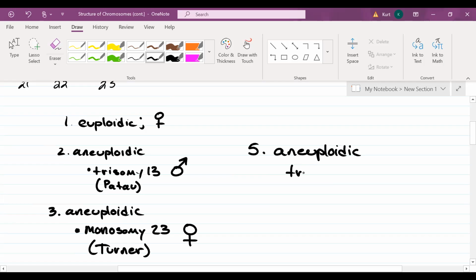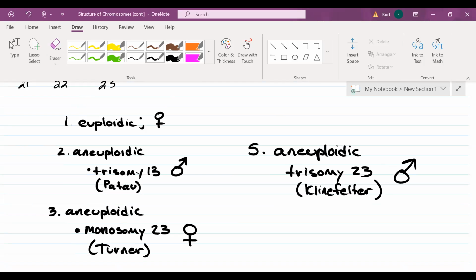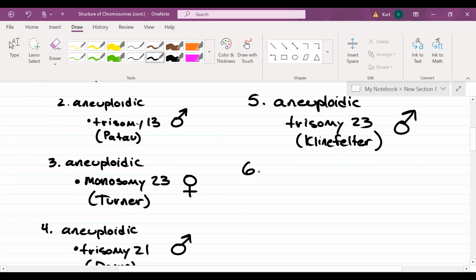They had trisomy 23, that's the sex pair, and that was Klinefelter's. 2 X's and 1 Y. That Y means that it is male. And we'll talk about that today. They inherited 2 X chromosomes and 1 Y. 47 overall. That's going to be male, but there will be some female characteristics because of the 2 X's.